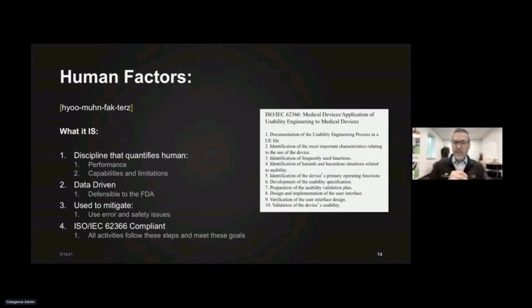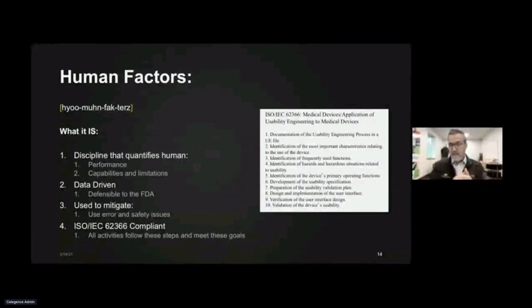It's also intended to be compliant with regulatory standards such as ISO 62366 or HE75 and follow these steps. And I think it's a really neat window, when you are understanding what human factors is, to look at 62366 and see what the deliverables are that they're asking for. There are 10 deliverables that they're saying you have to do if you're going to do human factors engineering on a medical device.